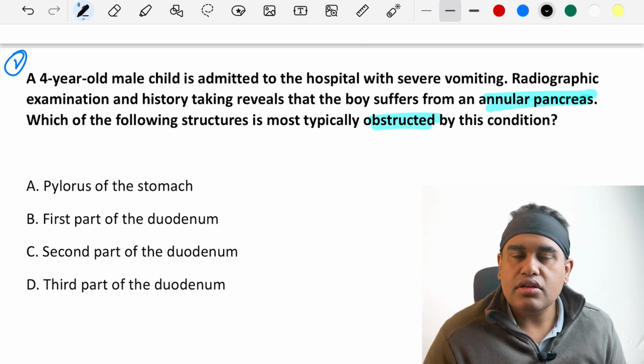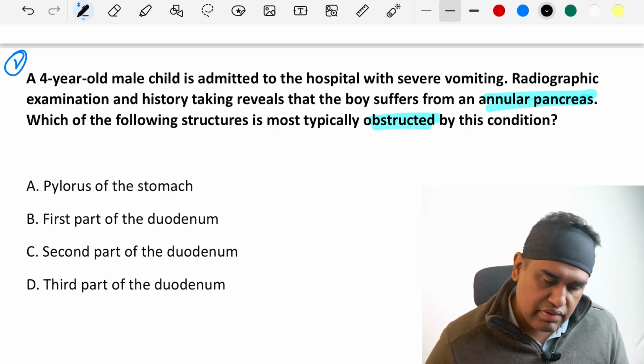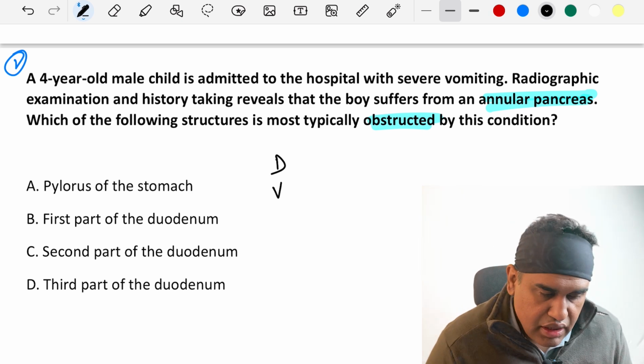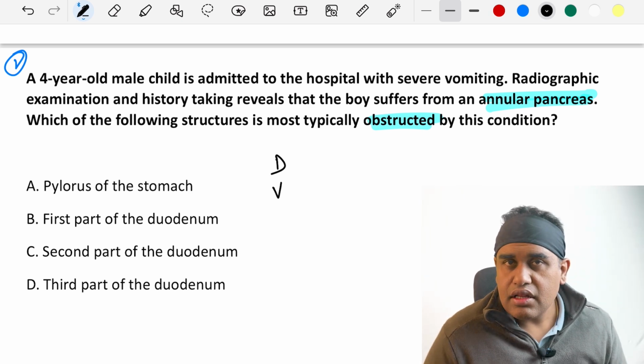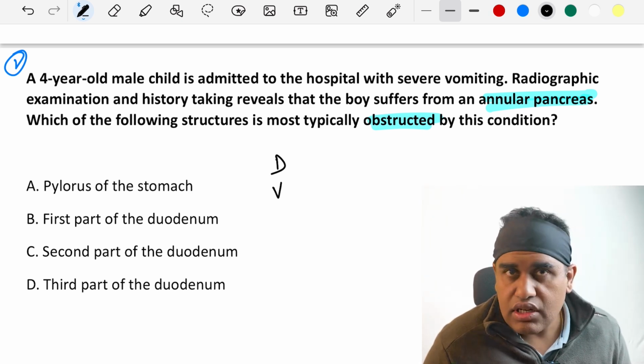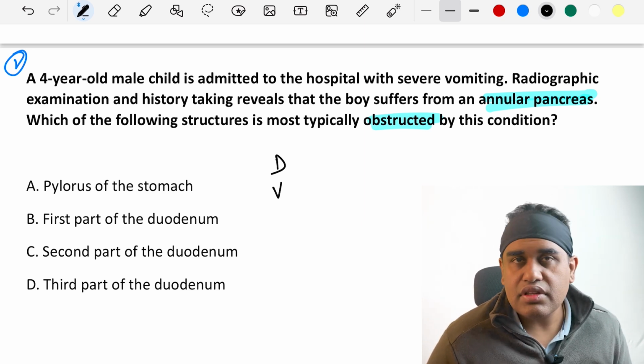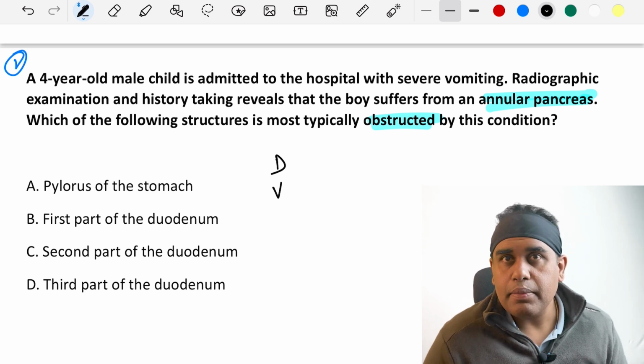the pancreas develops from two buds, dorsal and ventral pancreatic buds. The ventral pancreatic bud revolves around the duodenum, behind the second part of the duodenum, and fuses with the dorsal pancreatic bud. That is the normal.